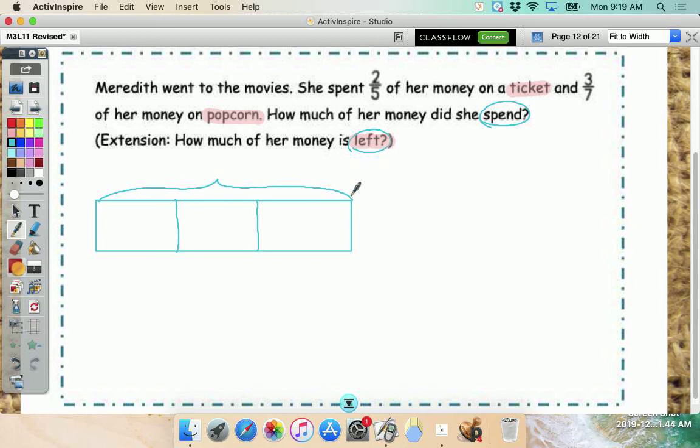We actually do know the total. 1. It's all her money, right? 1 wallet full of money. And we're going to write that as a fraction here in a minute. Okay, so we know she bought a ticket and popcorn, and she had some left.